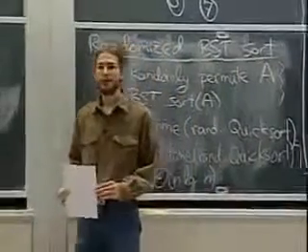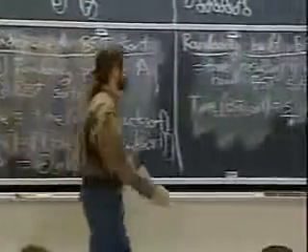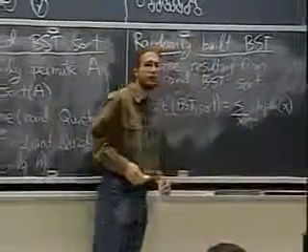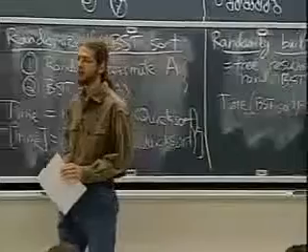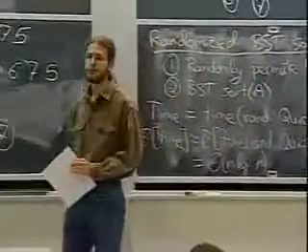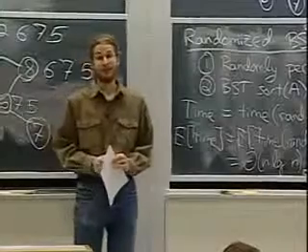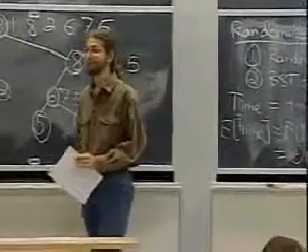What does that tell us about the tree? This is for all nodes x in the tree. Does it tell us anything about the height of the tree, for example?